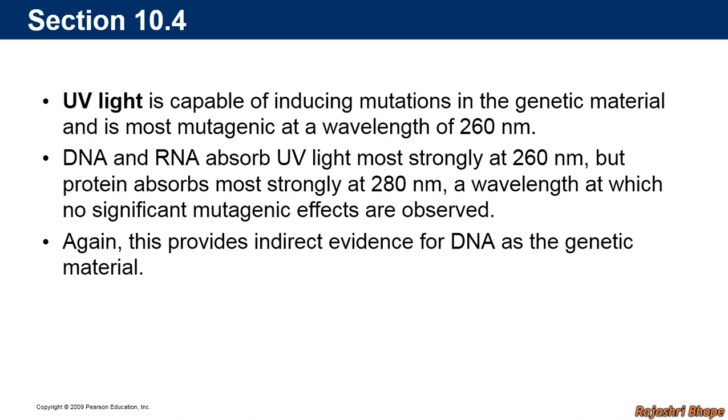And in case of RNA, if the absorbance at 260 nanometers is 1, the concentration of RNA is 40 micrograms per ml. For proteins, 280 nanometers is the absorption maxima.